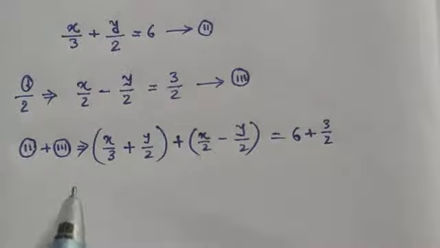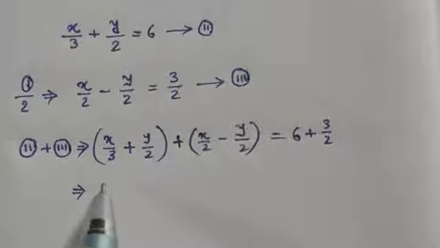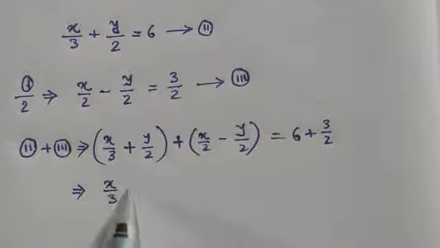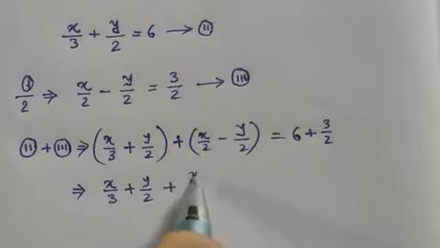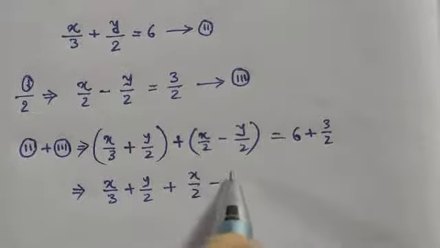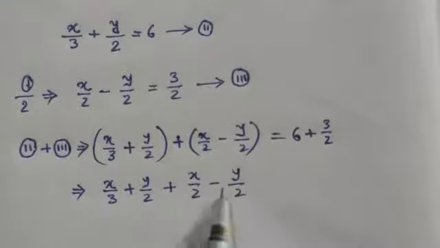Let us now remove the bracket. Then it will be x by 3 plus y by 2 plus x by 2 minus y by 2. There will be no change in sign.